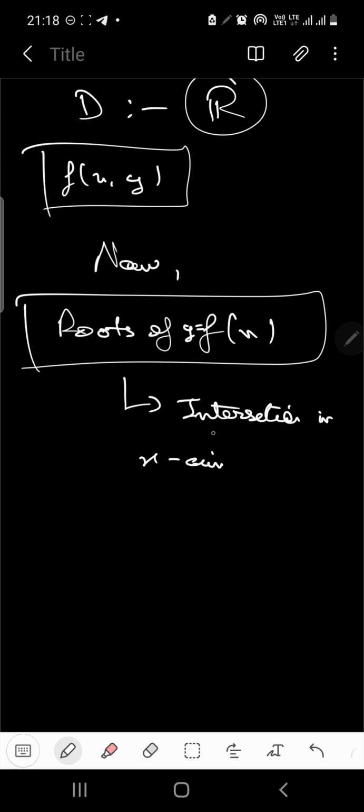All the values of x for which the output comes out to be 0, that is, where the curve intersects the x-axis, are called the roots of f(x). And similarly, the values which intersect the y-axis are called the intersecting points with the y-axis.